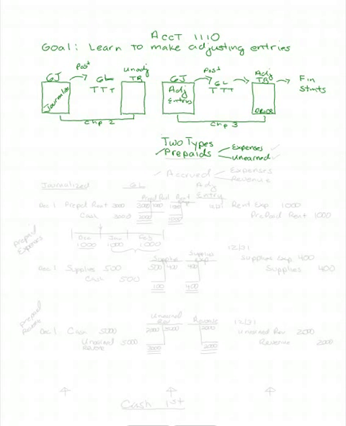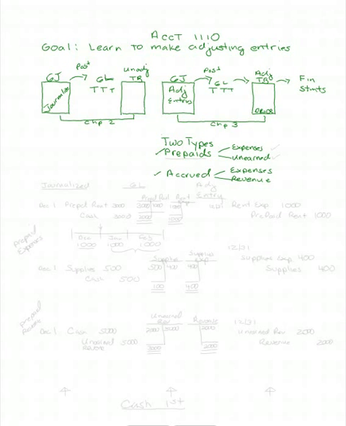That's one thing they include. And the other is accrued items. And again, sometimes that's accrued expenses, things we have consumed but haven't paid for, and accrued revenue, things we have earned but have not yet been paid for. And these are accrued items.